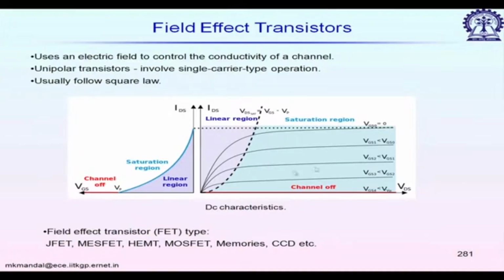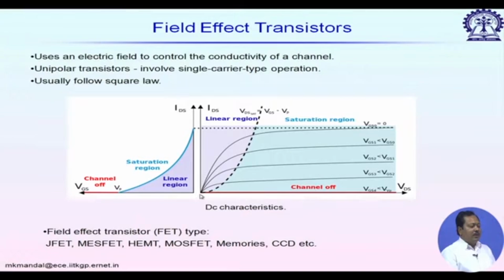If I look at the transfer characteristics and output characteristics, you see the drain to source current IDS is a function of gate to source voltage. So, we can control the drain current by controlling the gate to source voltage. And if we look at the output characteristics, if I increase VDS, there is almost no change in IDS.